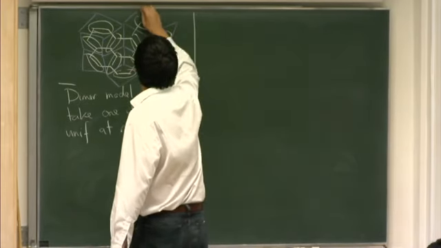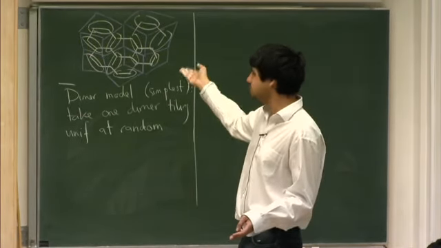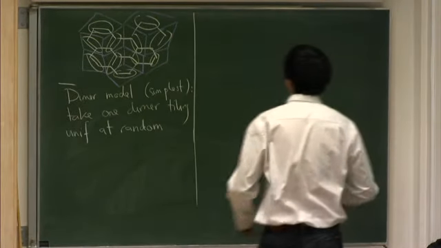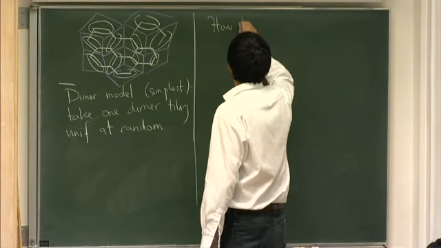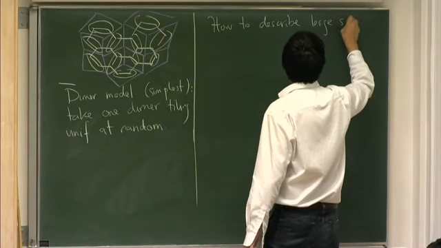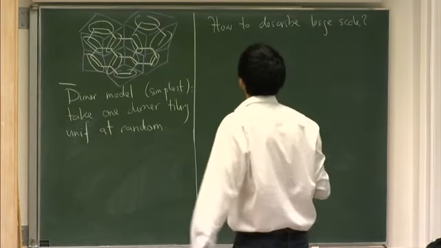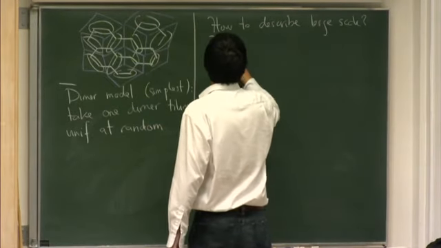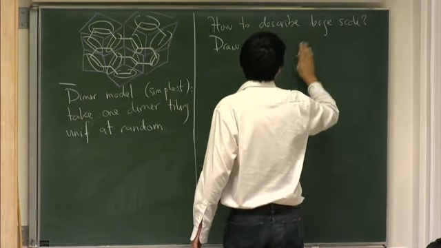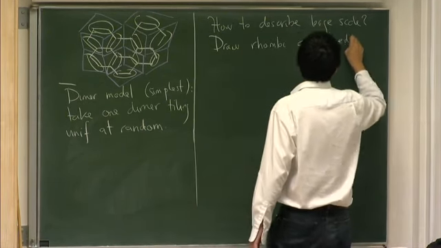Okay. And now the nice thing is that it looks like a 3D surface. So, how to describe it at large scale? Draw rhombi around edges.